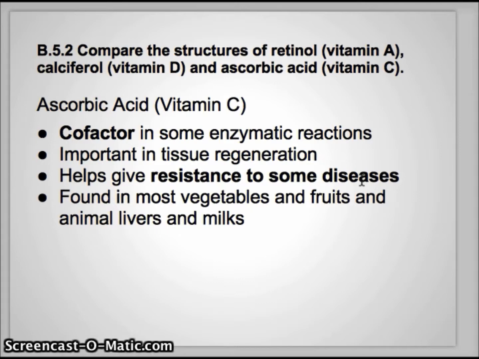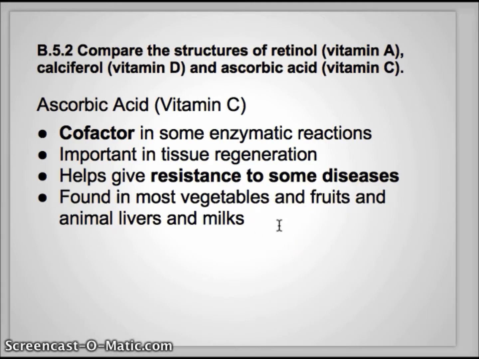Ascorbic acid is also important in tissue regeneration and resistance to certain diseases. This is a very helpful benefit of vitamin C, and also why you might see people who are sick drinking orange juice to get vitamin C.